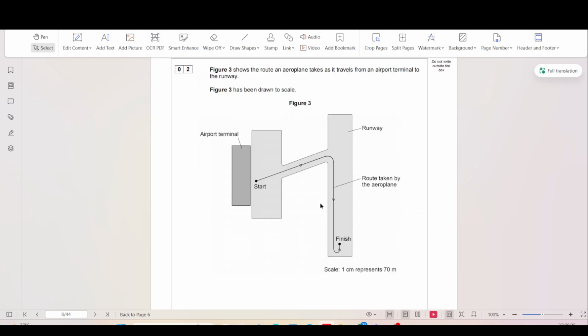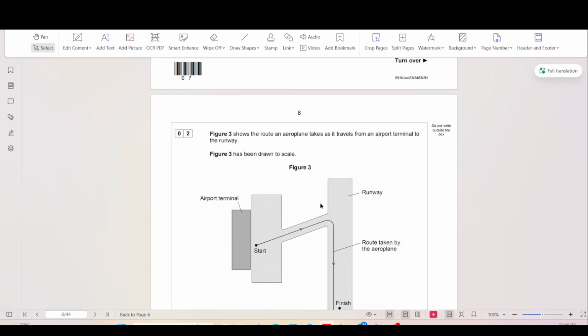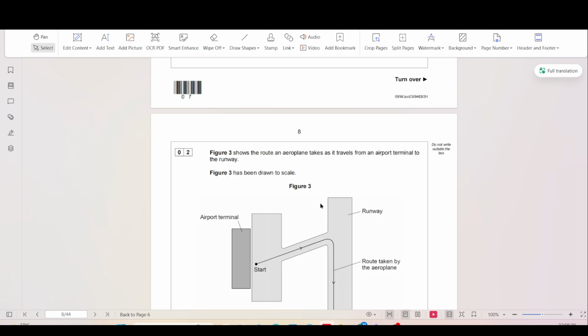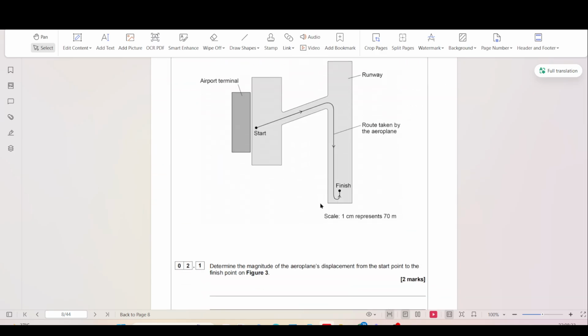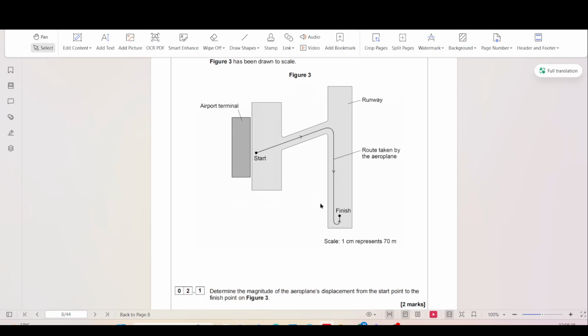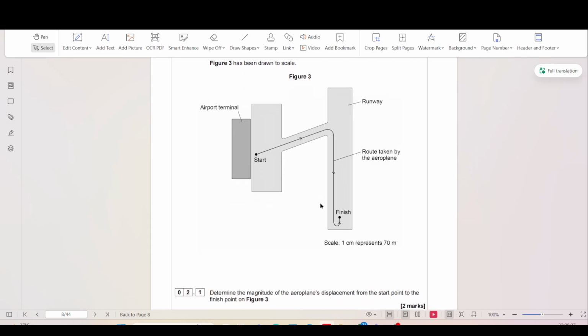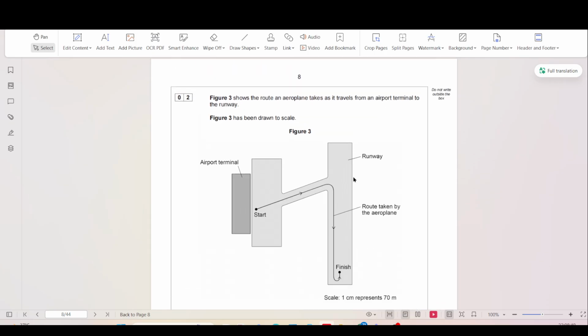So I think I don't have 2.1 either. Oh, you don't have this 2.1? No. Okay, let's read it. Figure 3 shows the route that an airplane takes as it travels from an airport terminal to the runway.